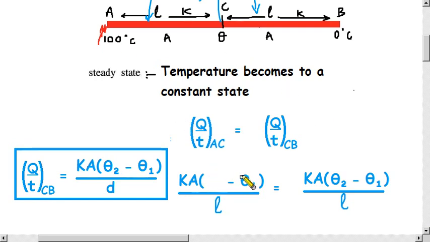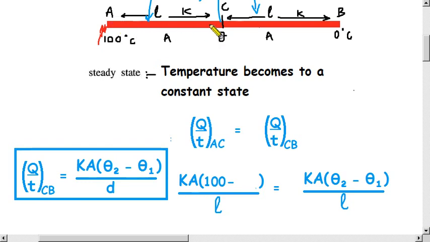Now we have to write the temperatures. The temperature T2 is the higher temperature for this rod, so we write 100 here. The temperature at the end of this rod, what is this one? Theta.